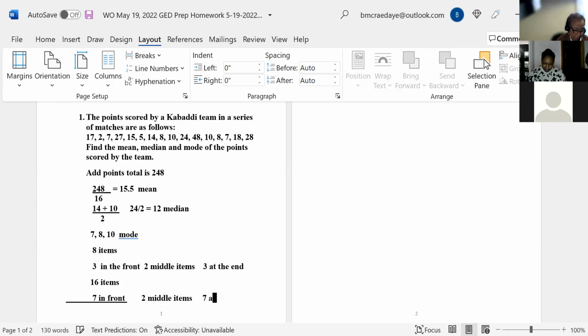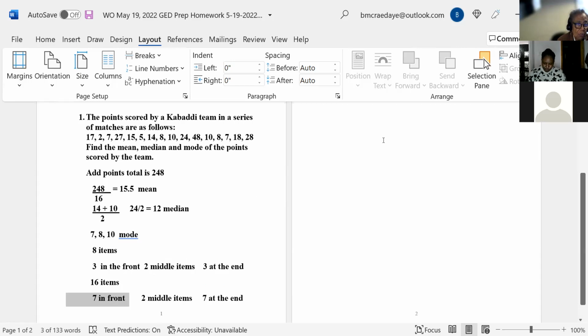Yes. So when you have an even set of numbers, you can always determine those 2 middle items. Just take your number of items, subtract the 2 from it, and then divide whatever you get by 2. So you have 7 in the front, 7 at the end.